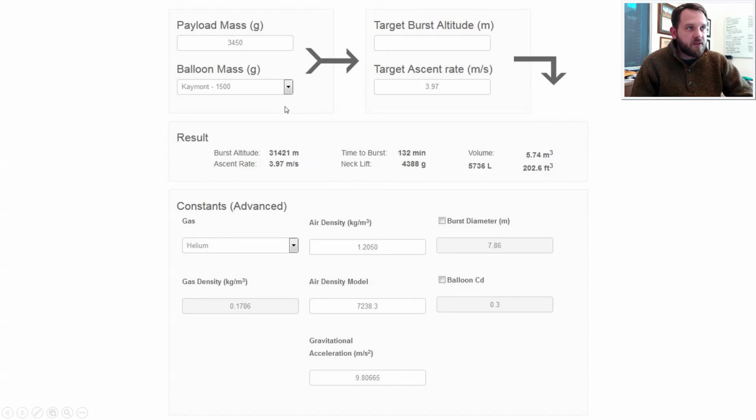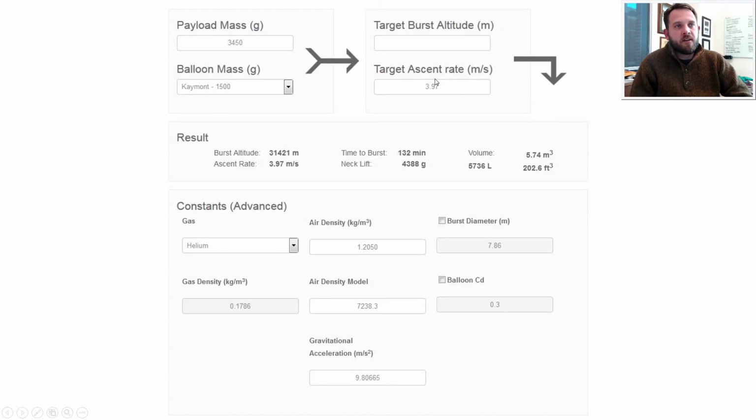So knowing that information, this is not our final payload mass, but this was some of our initial calculations. The initial payload calculations were about 3,600 grams, 454 grams per pound, etc. This is Kaymont's prediction, or somebody's prediction, of a Kaymont 1,500 gram balloon.